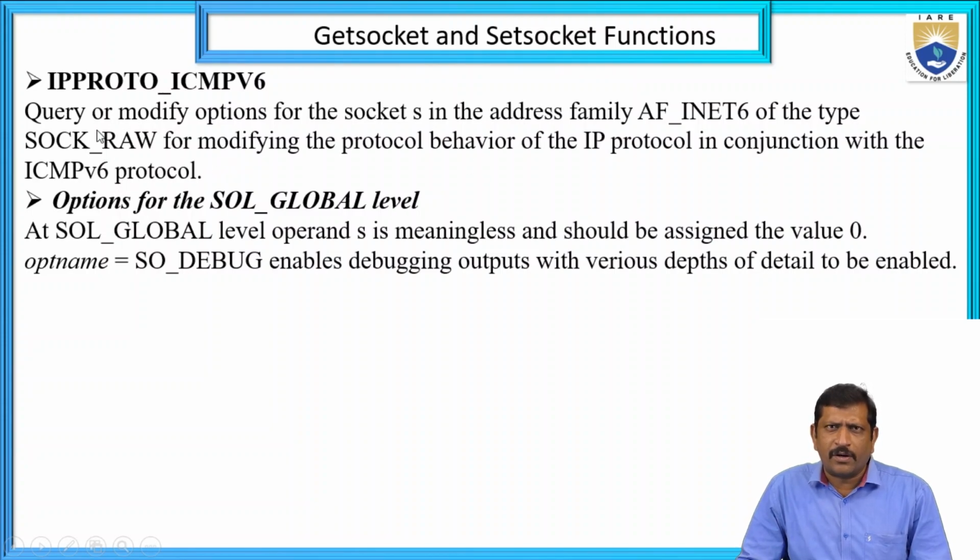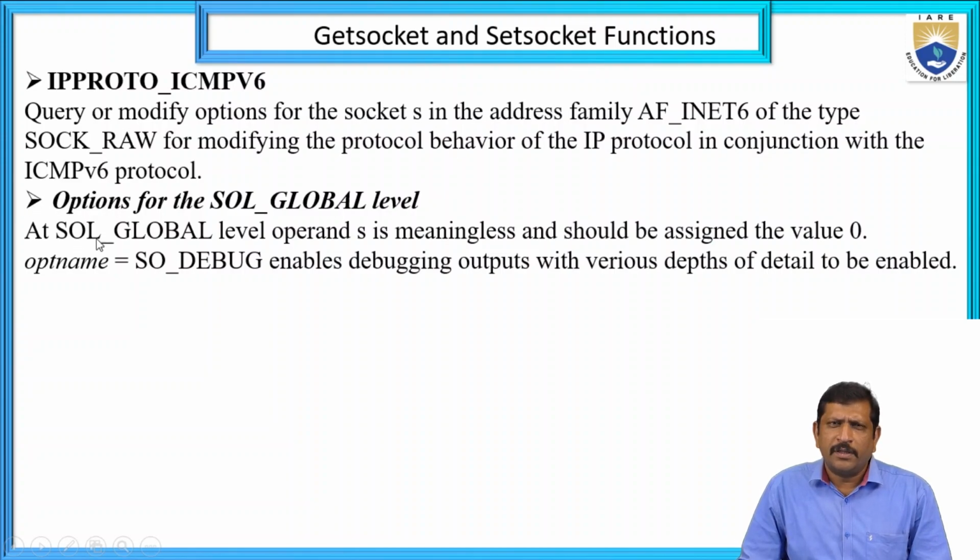Now we are using the raw mode for modifying protocol behaviors. Whatever protocols you are using, we can modify the protocol behavior in this IPPROTO_ICMPV6, the IPv6 protocol, in conjunction with the ICMPv6 protocol.